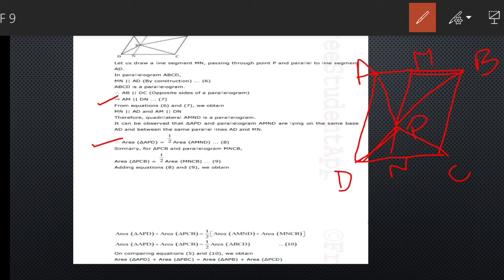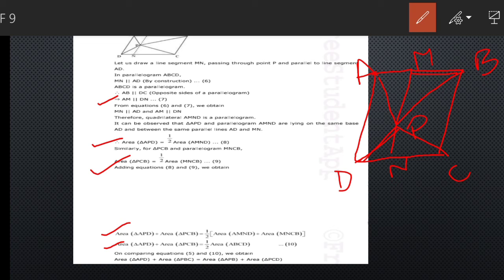So BPC is a triangle having the same base BC as the parallelogram and lying between the same parallels, that is BC parallel to MN. So we will get area of PBC is equal to half of area of MNCB. When we add this up, we will get, like before, half of area of APD plus area of PBC is equal to half of area of AMND and area of MBCN.